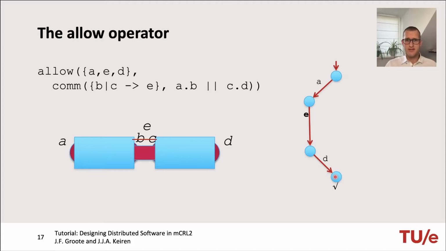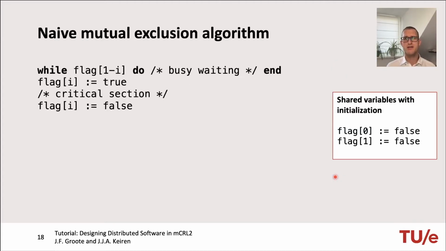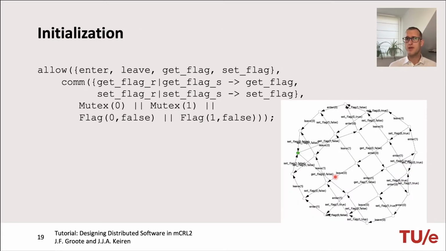Now we can take this setup and apply it to our mutual exclusion algorithm. So basically what we get are two instances of the mutual exclusion algorithm for process 0 and process 1, and instances of each of the flags that are executed in parallel, and the flags initially are false.